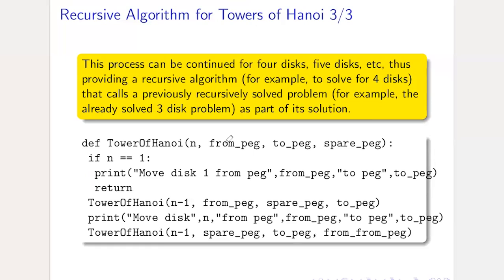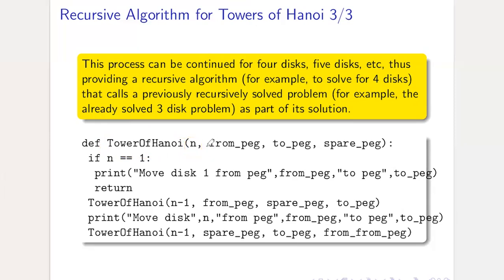So here's the Python code, which will print out a solution. I'm defining the tower of Hanoi function, and I will tell how many disks there are: 1, 2, 3, 4, 5, whatever number.